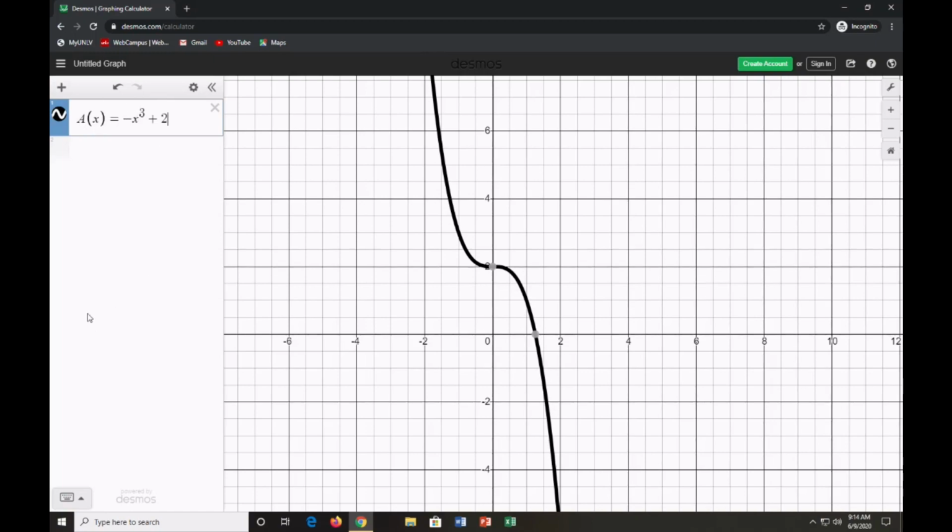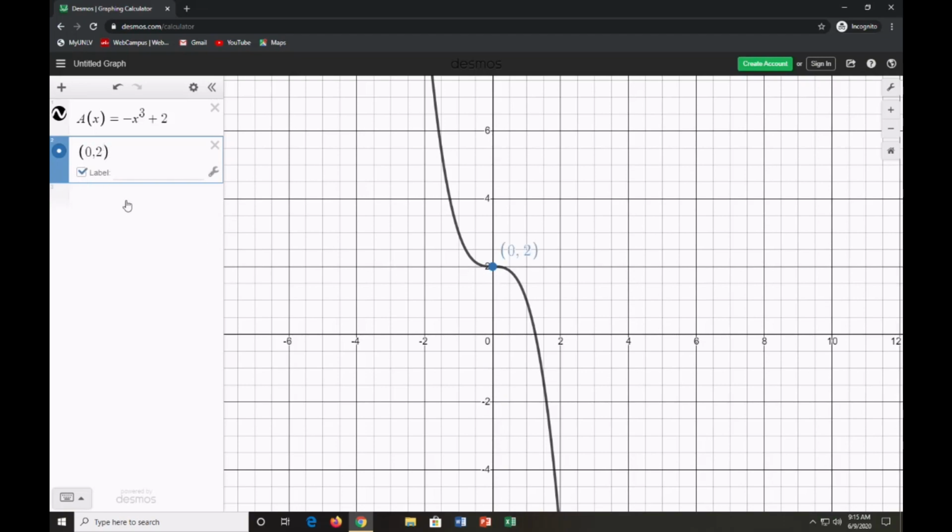Okay, so let's snap to the x and y intercepts that we found. We found that the y-intercept was at (0, 2), the blue dot right here.